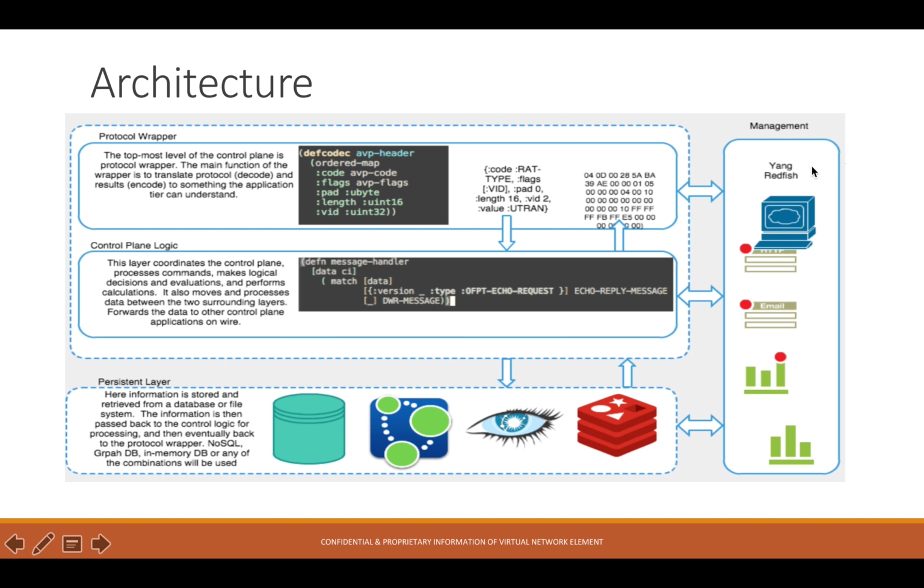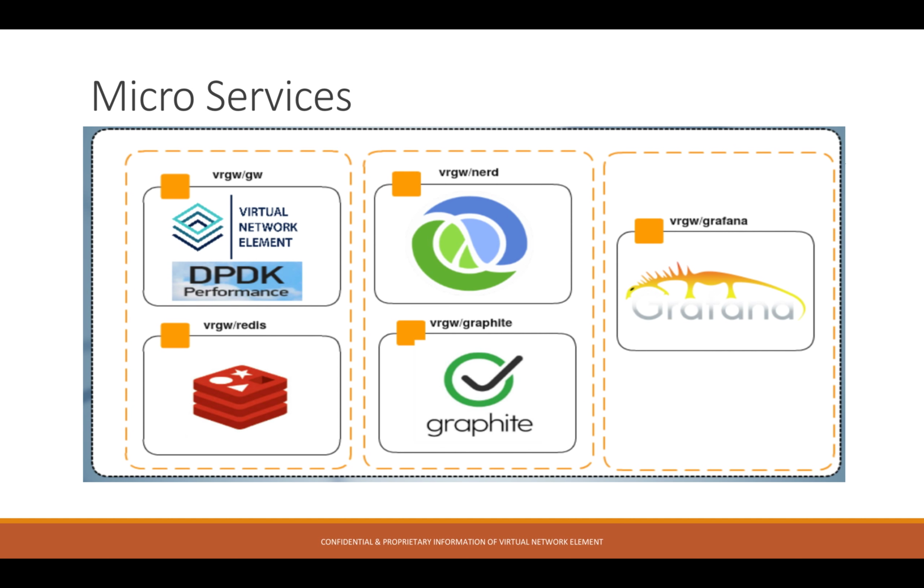On the right side we have a Redfish client. We created our own custom protocol called Nerd protocol, and we have a Nerd UI and a Nerd JSON API. This architecture translates to neat, reusable microservices.